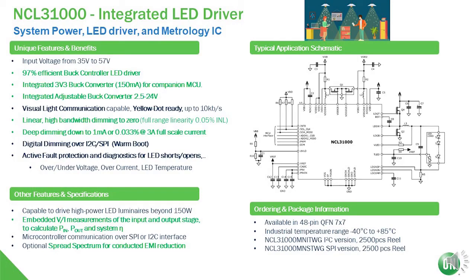With a high input voltage, very efficient LED driver, 2 DC-DC converters to power the system, visible light communication capable, a very linear and high bandwidth dimming input with true dimming down to 0, active fault protection and diagnostics, a comprehensive measurement block, and spread spectrum options for reducing EMI.